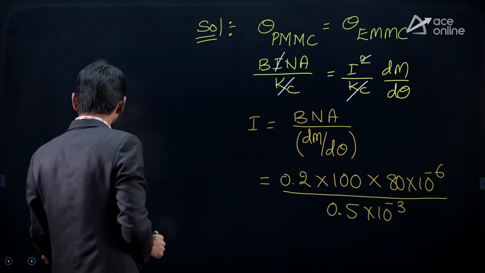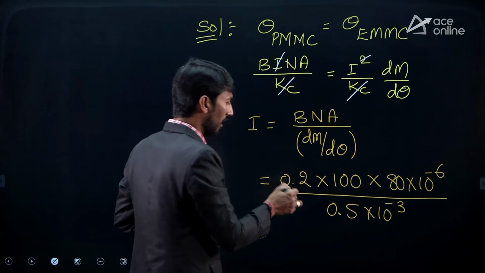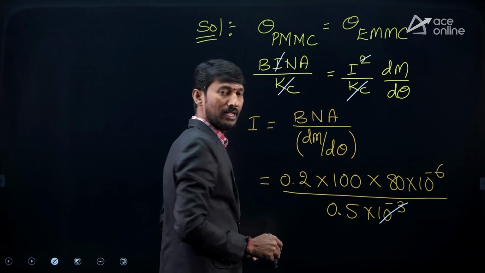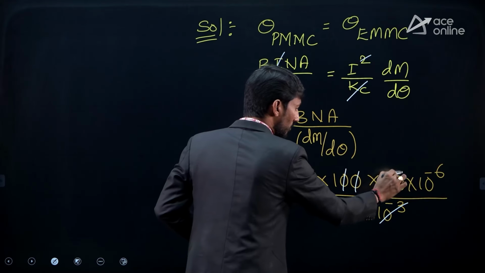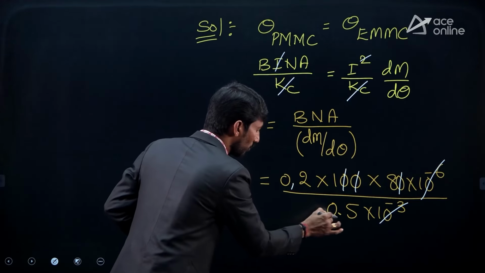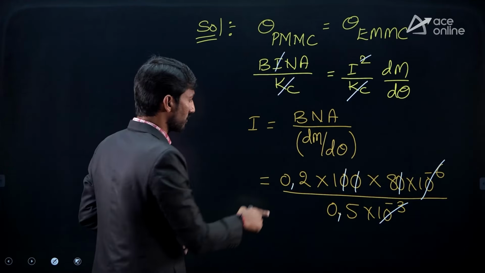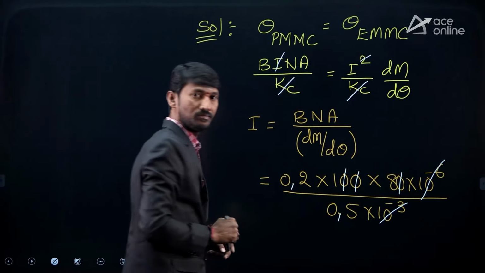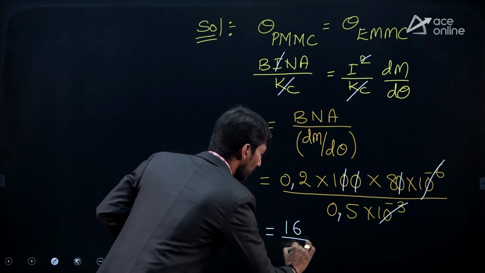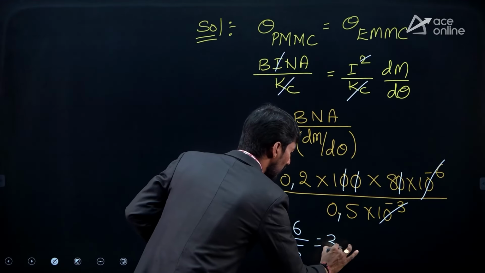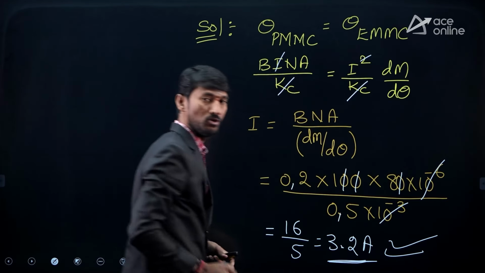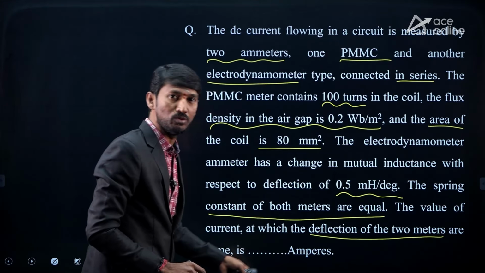Now very simple, don't make it a lengthy calculation. 10 power minus 3 going upside becomes 10 power 3, and 10 power 6 is cancelled. And then 0.2, the point will be cancelled. 2 into 8, 16 by 5. 5 3s are 15, 5 2s are 10, so 3.22 amperes. So you have to give the answer as 3.22 amperes.